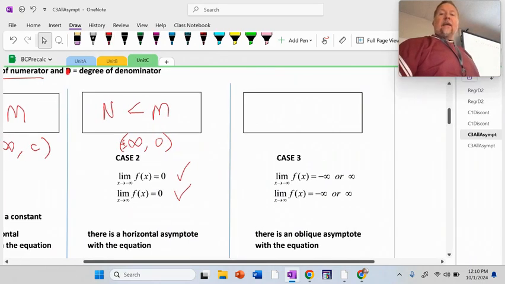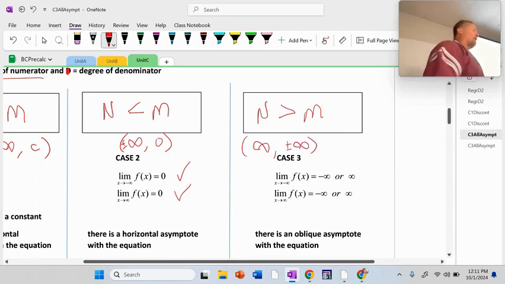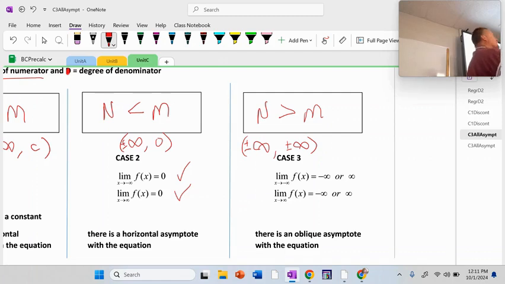And then case number 3, when the numerator's degree is bigger than the denominator, when I plug in infinity, it really depends. Then this is what most people would expect. I'd get plus or minus infinity. So actually, you could put in both cases. It could be any of these 4 cases. It depends on the graph, and it depends if it's flipped, how it ends.